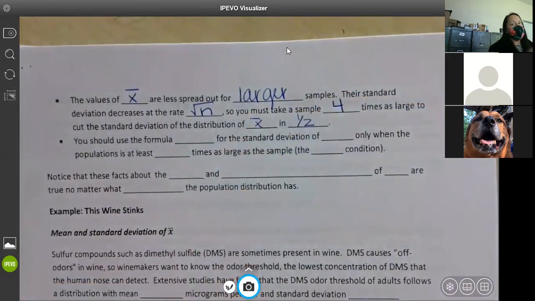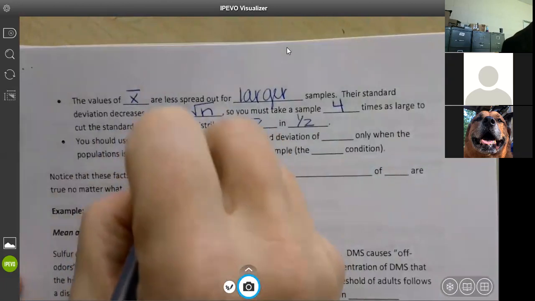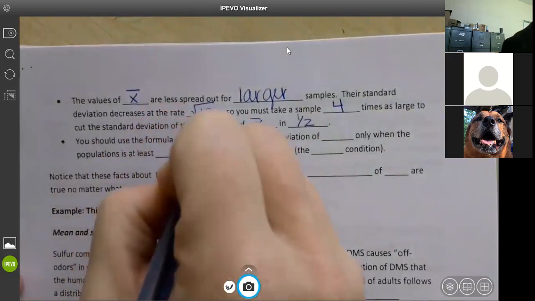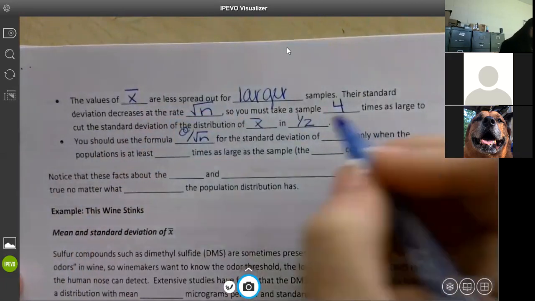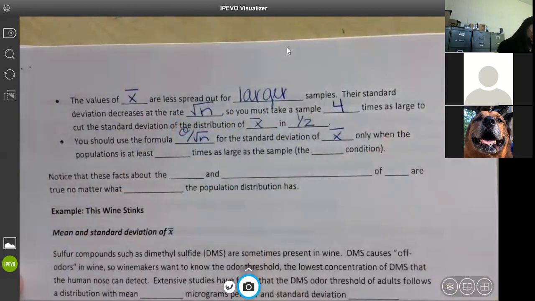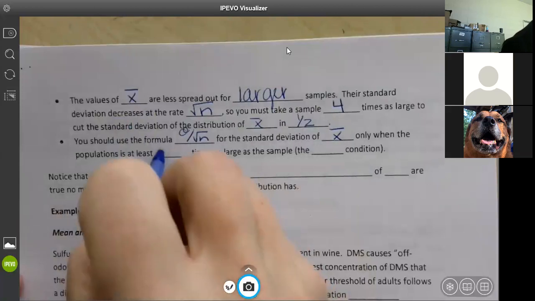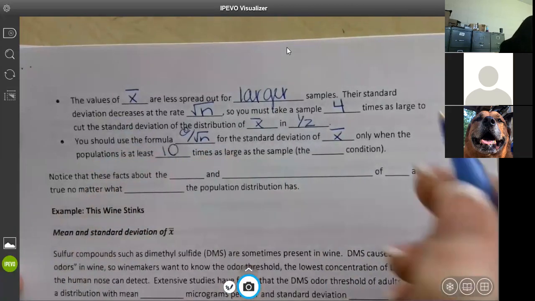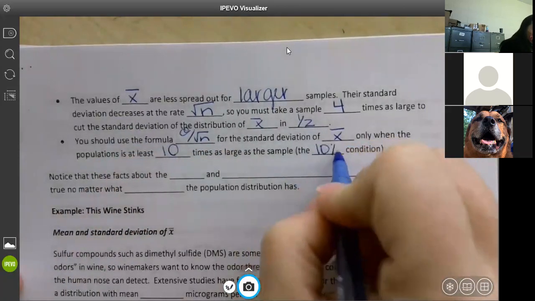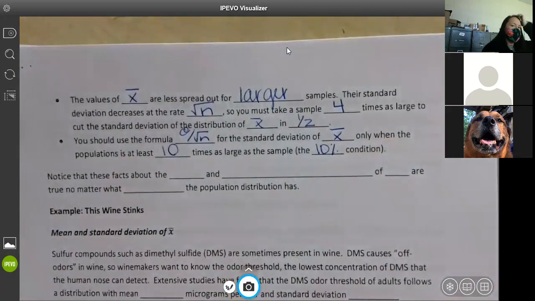So the square root of 4 is 2. Cuts it in half. You should use the formula, population standard deviation over the square root of n, for the standard deviation of X bar only when the population is at least 10 times as large as the sample, which is the 10% condition. Okay, and we're going to go over all of this again.